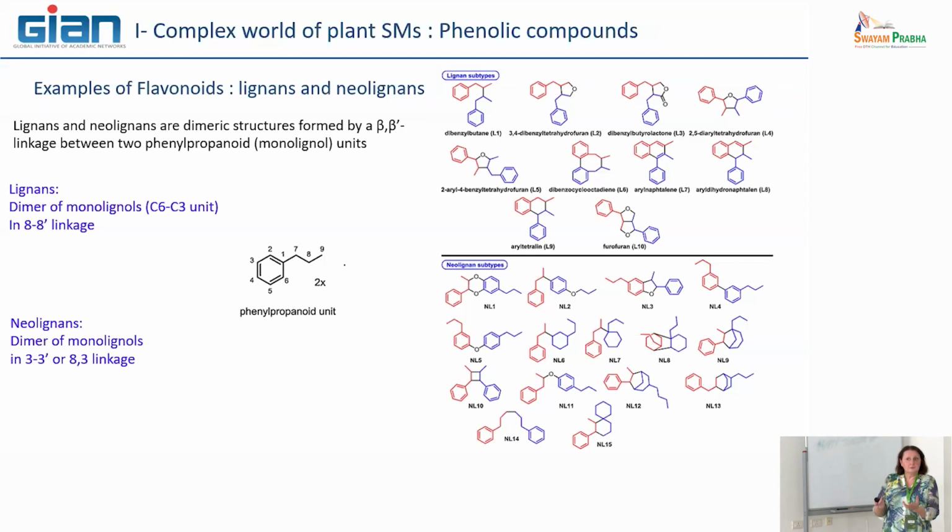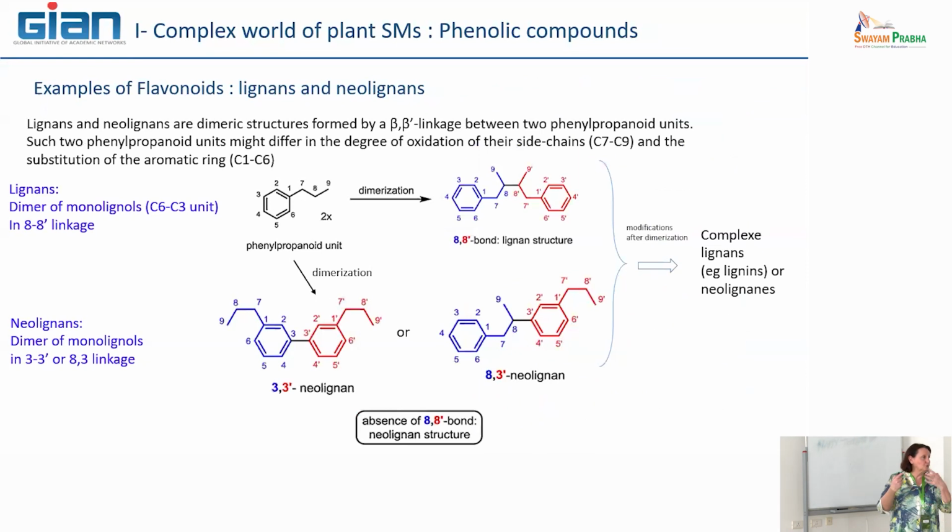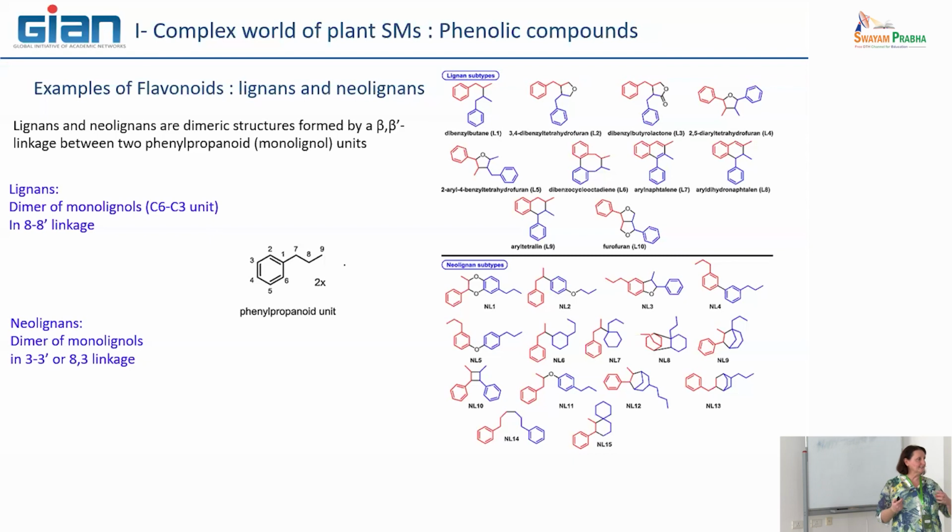Because if I want to develop some biotechnological process to produce this one, I need to identify the enzymes, not only one, probably more than 2, 3, or 4, that could gradually modify my precursor to produce the final molecule.